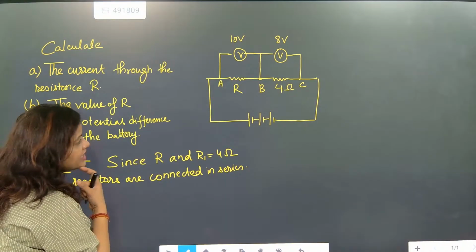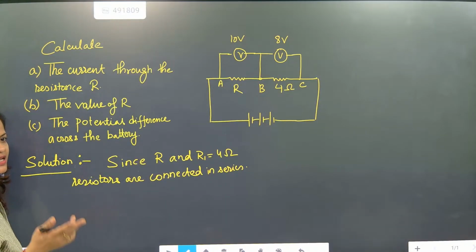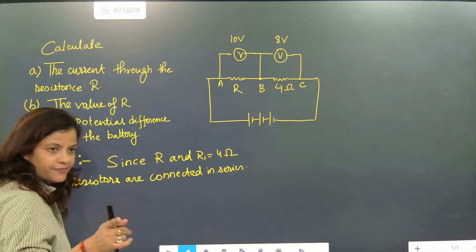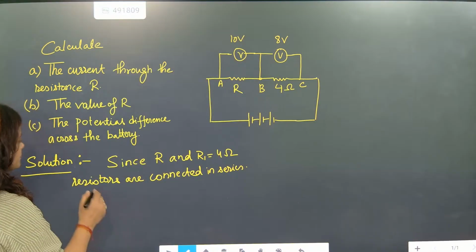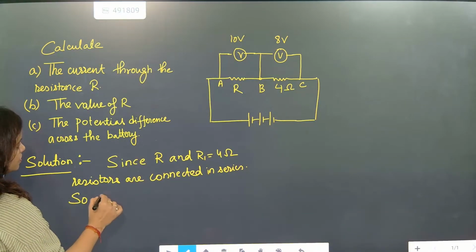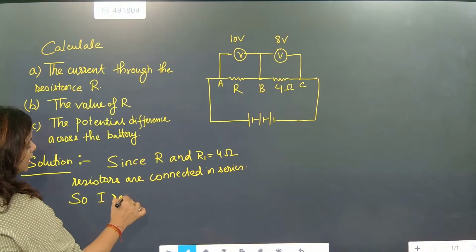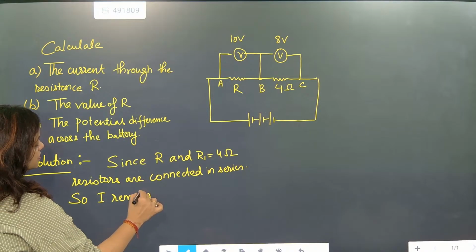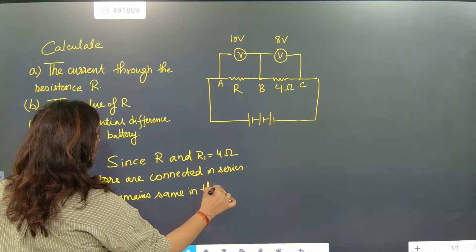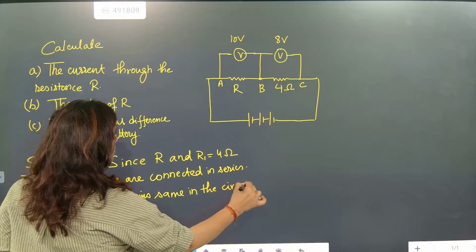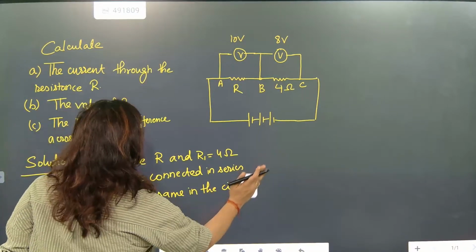So since they are connected in series, the amount of current flow remains the same. So I remains the same in the circuit.